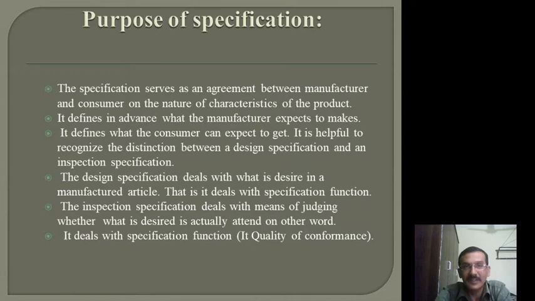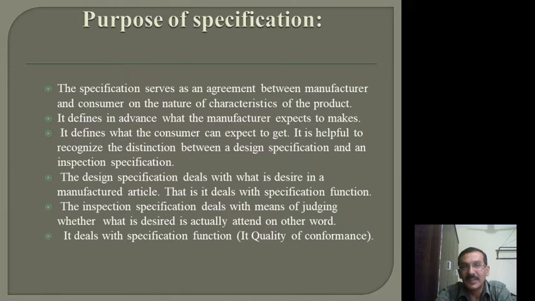The specification serves as an agreement between a manufacturer and a consumer on the nature of the characteristics of the product. That is, the specification is an agreement between the producer and the consumer. That is the main concept of the purpose of a specification.